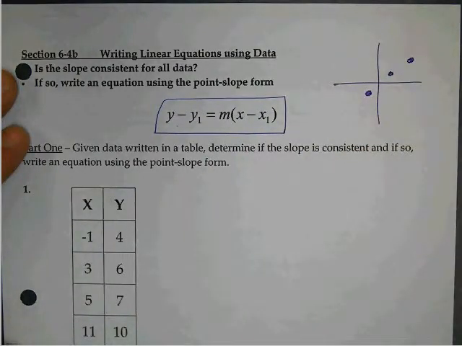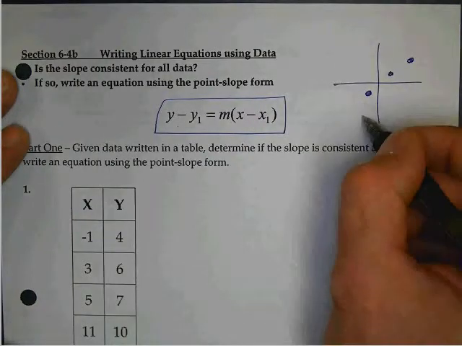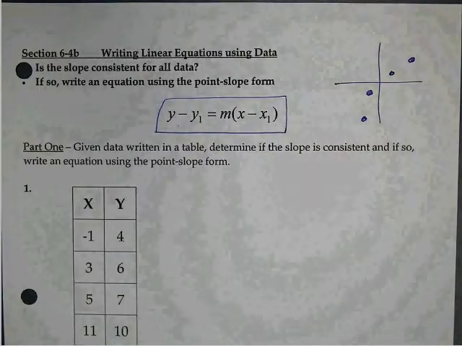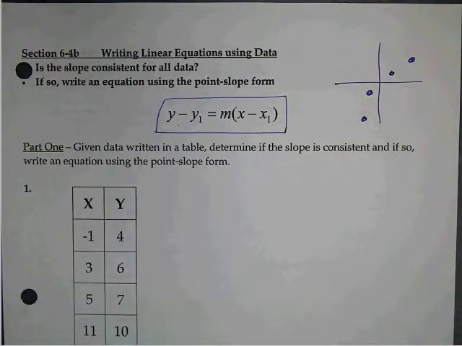Would you say the slope is consistent so far? But let's say this fourth point is right about here. What just happened to the slope? It stopped being consistent, true? So are those 4 points consistent in terms of making a line? Definitely not.